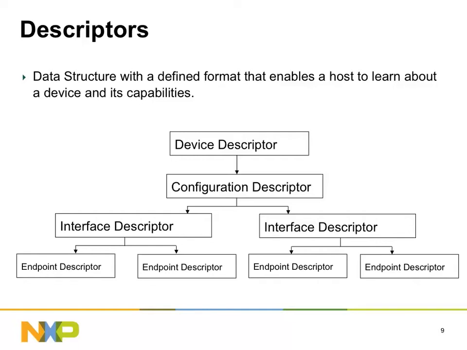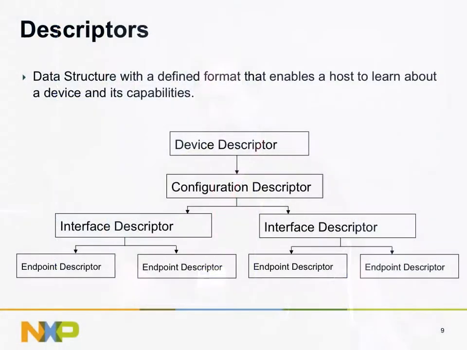Some of the things that these descriptors include are the vendor and the product ID, the manufacturer name, the version number, the USB version number supported, the class of the device, the maximum packet size, things like that. The host uses this information to determine how to interface to the device. So it determines what kind of pipes to set up and communicate with it. The operating system uses this information to decide what driver to load.